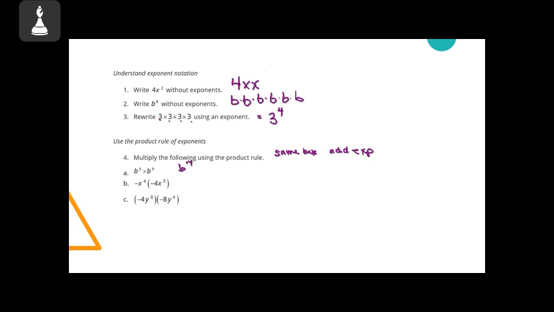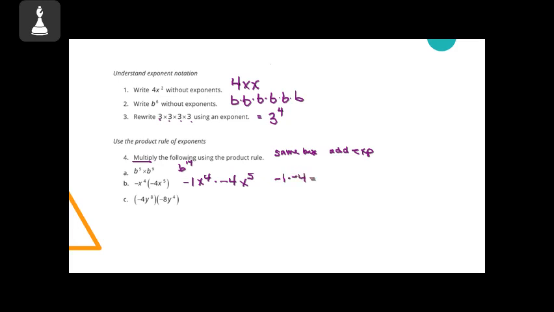Now, once I throw some numbers in here, it says we're multiplying. So we do still need to multiply the numbers. So let's take a look here. I'm going to rewrite this as negative 1 x to the 4th times negative 4x to the 5th, so that I can see my number pieces. So I'm going to do negative 1 times negative 4. Negative 1 times negative 4 gives me 4.